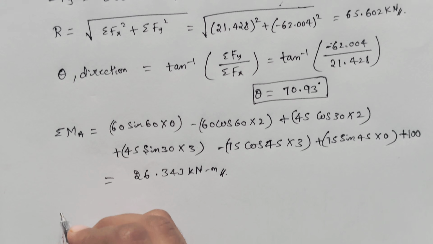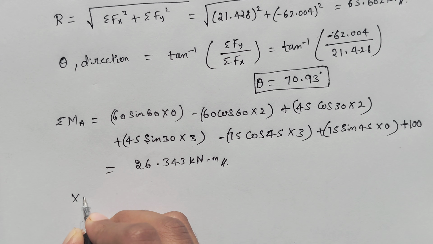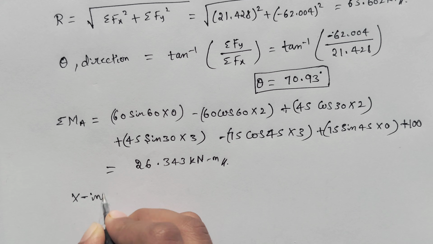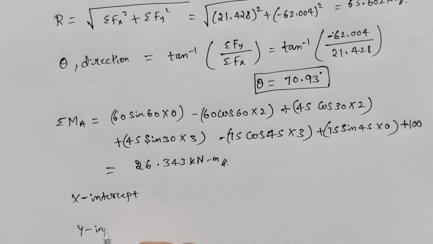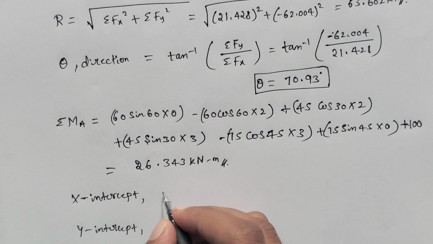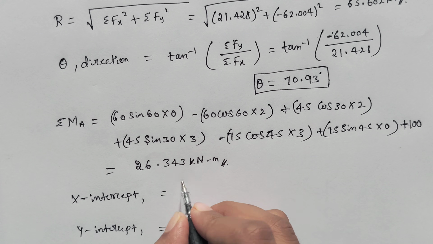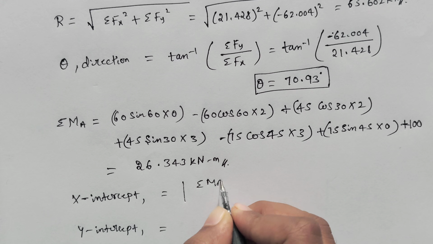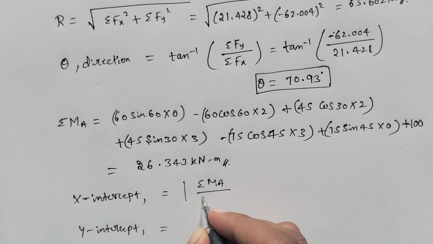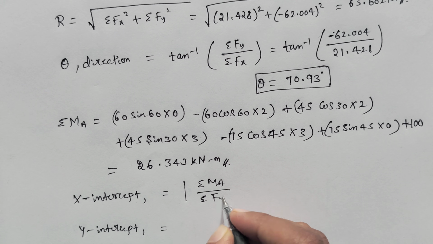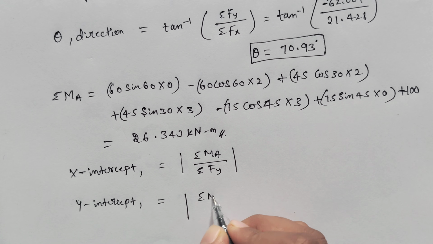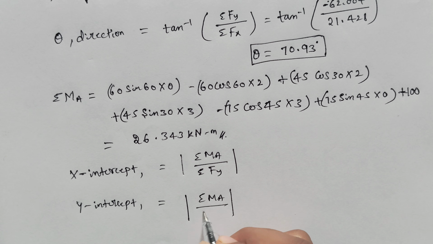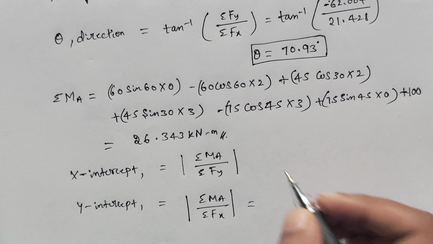Next, you have to find the distance, that is x-intercept and y-intercept. What is the formula? Summation M at A divided by sigma Fy for x-intercept. For y-intercept, it is summation M at A divided by sigma Fx.